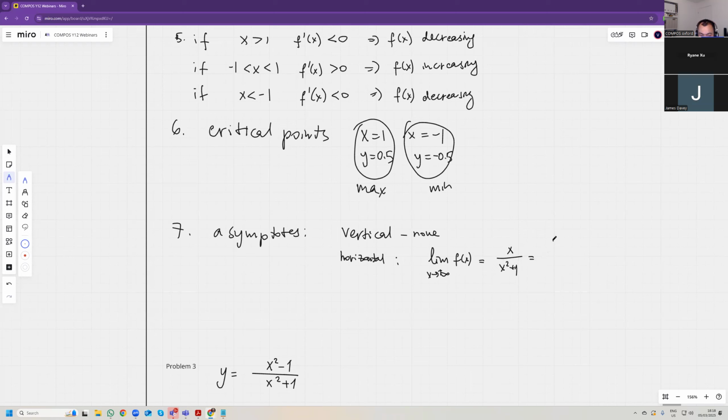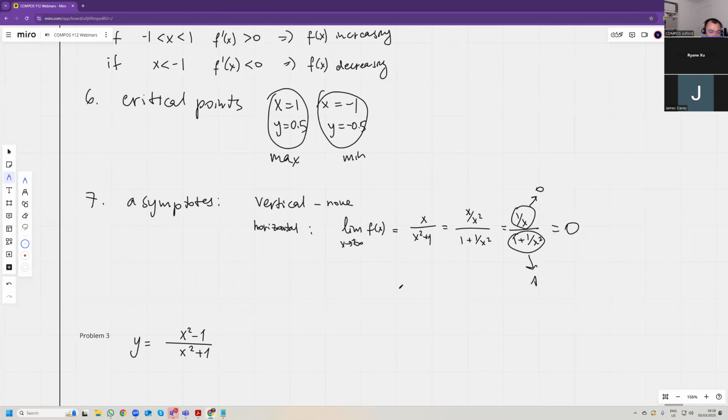And this is going to be x over x squared over 1 plus 1 over x squared. So it's 1 over x divided by 1 plus 1 over x squared. And this tends to 0, and this tends to 1. So 0 divided by 1 is 0. So y equals 0 is a horizontal asymptote.